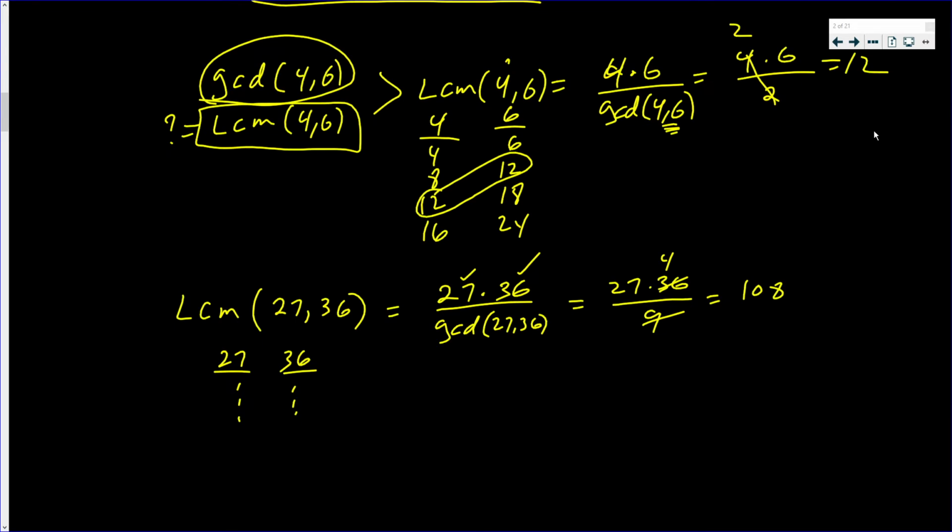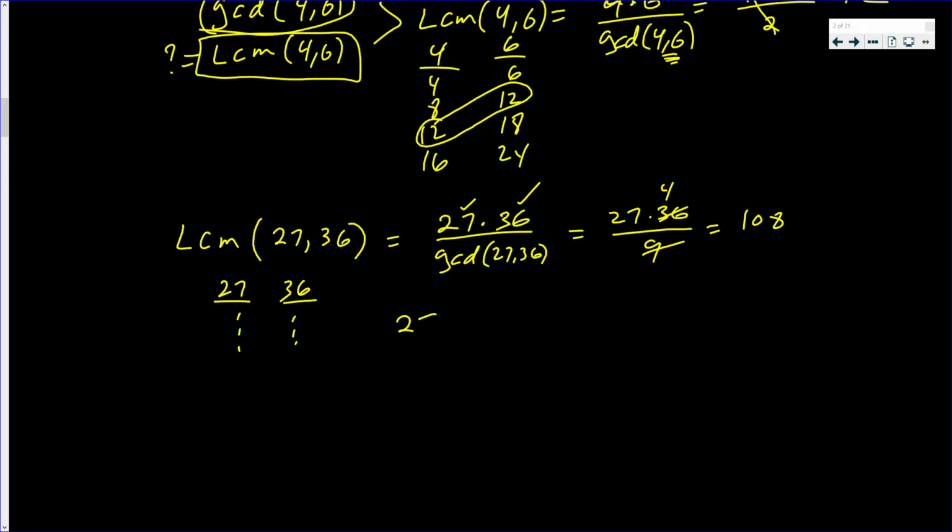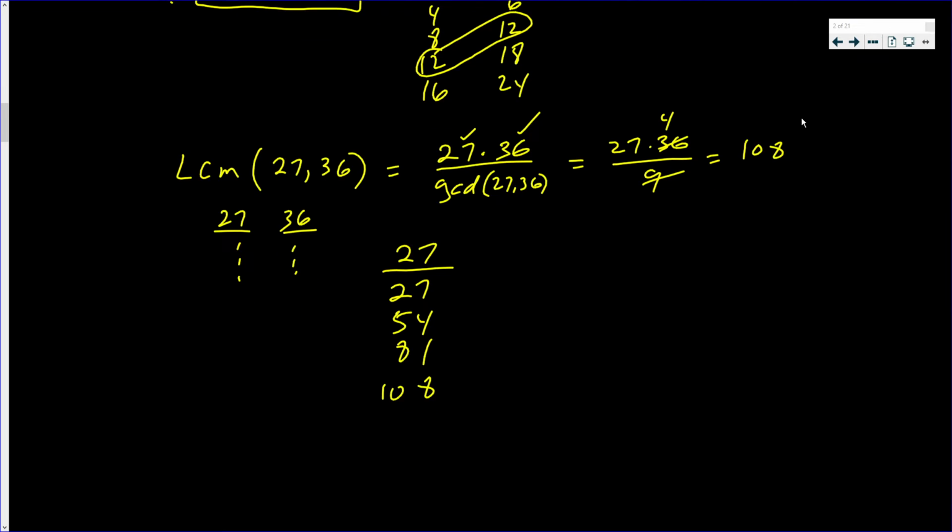That's a lot easier, in my opinion, than going 27 times 1, 27 times 2, times 3, times 4, times 5. And 36 times 1, 36 times 2, 36 times 3. Oh, there it is. Now this wasn't so bad.